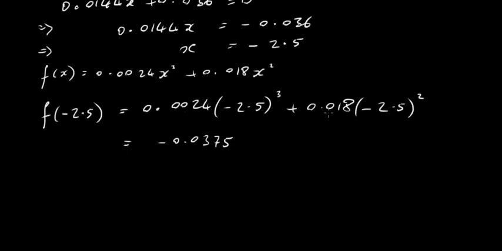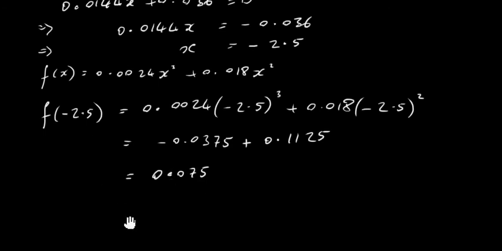So we're squaring this, which is going to be positive, and multiplying by positive is positive here, and that becomes 0.1125. So square this first, and then multiply your answer by 0.018. When you do that, you do in fact get plus 0.075.